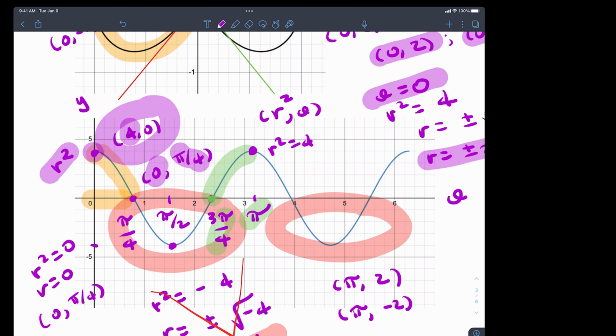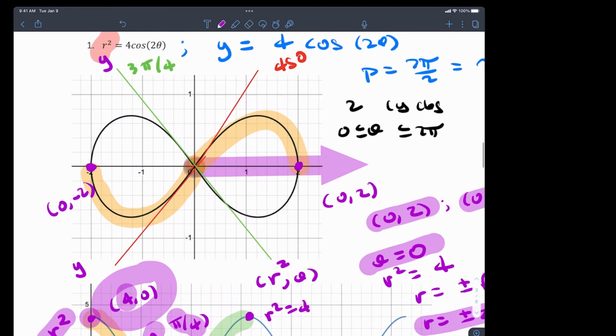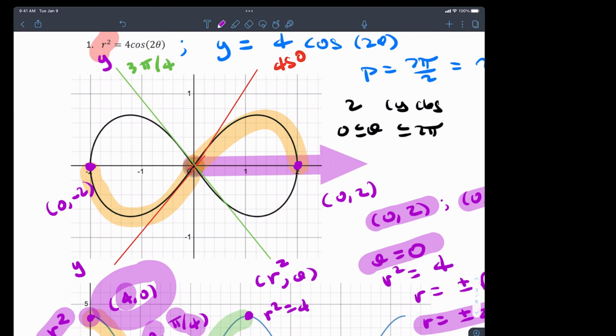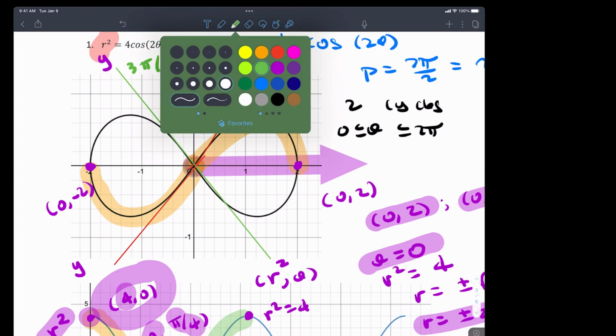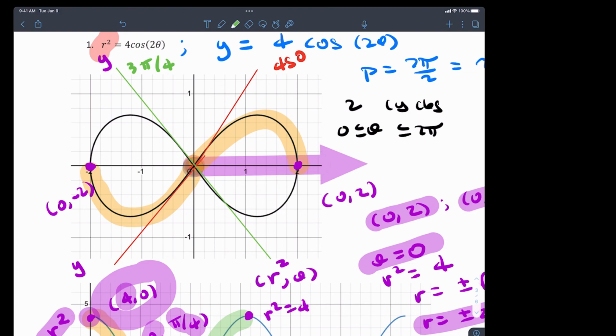You go from 0, right? You say, okay, what's going on? 3 pi over 4. That's in green. Well, 3 pi over 4 to pi, radius is 0 to -2 and 0 to +2. So you're back here and here.